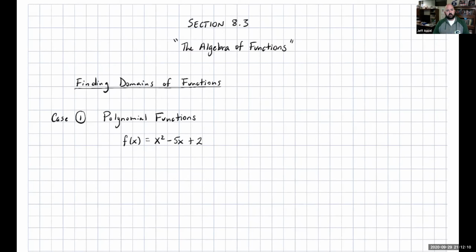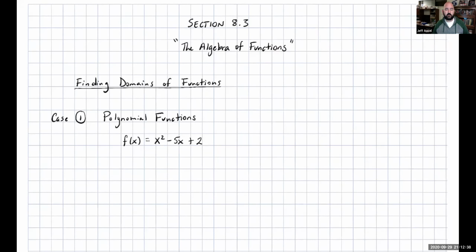How do I deal with the domain of these? This is the easiest one ever. If you have a polynomial function and you're asked to find the domain, every single time, ready for this? This doesn't happen often in mathematics where we can say it like that, but every single time the domain is all real numbers.